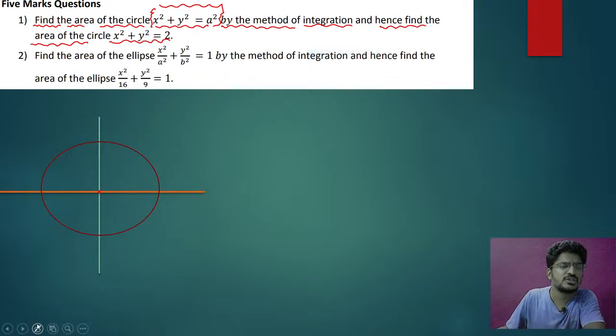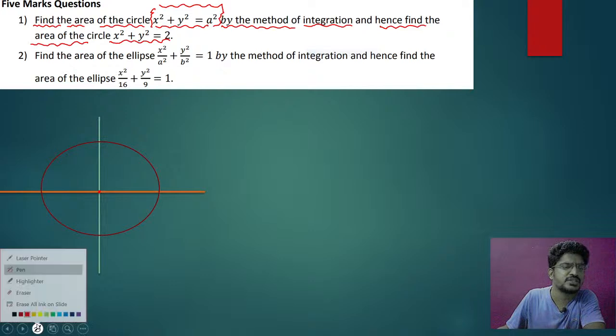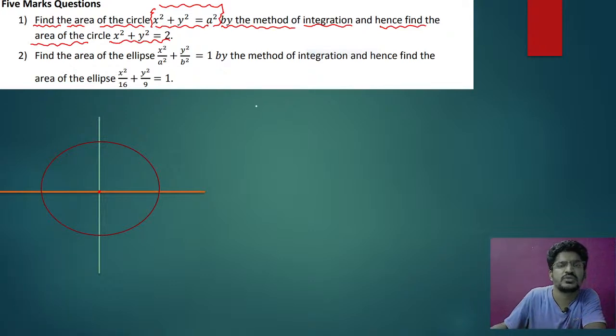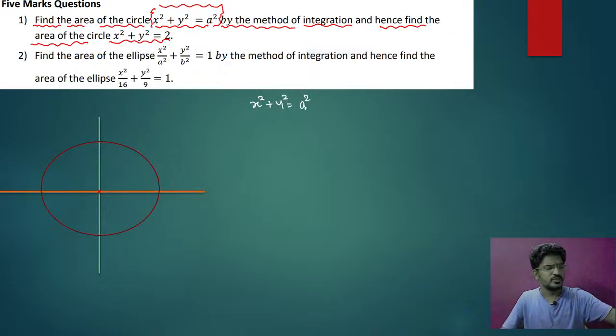Because they have given the equation x square plus y square equal to a square, this is the problem of the circle with the center at origin. Now you have to solve this equation with the condition of area of the circle.